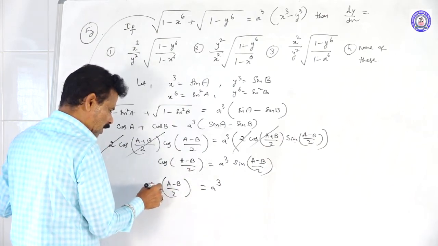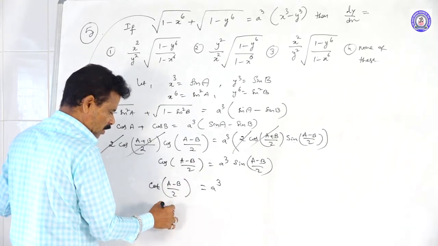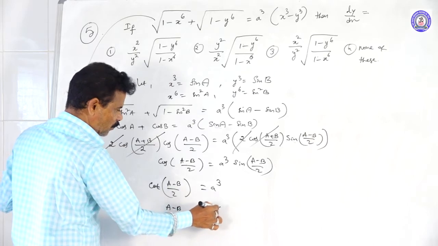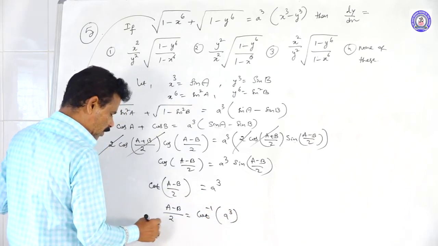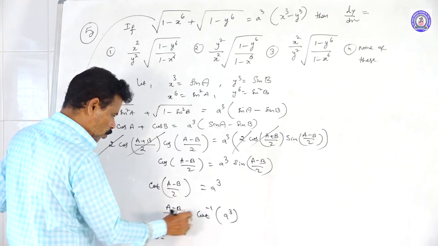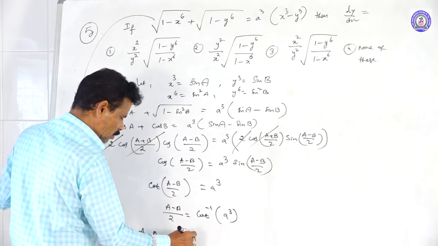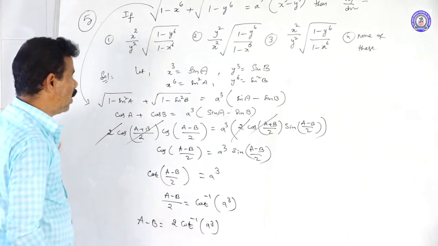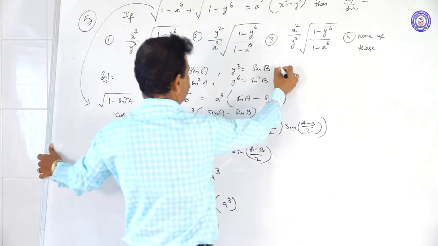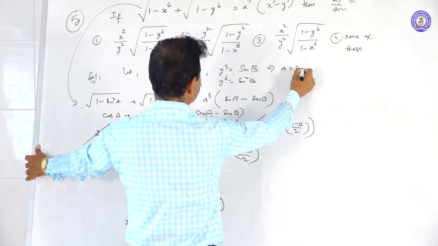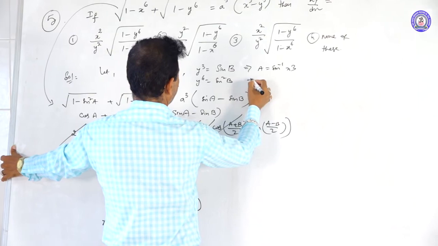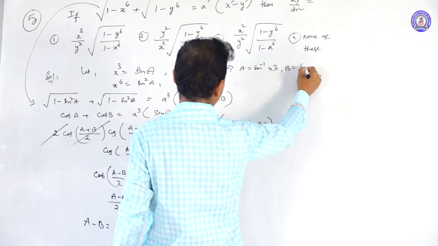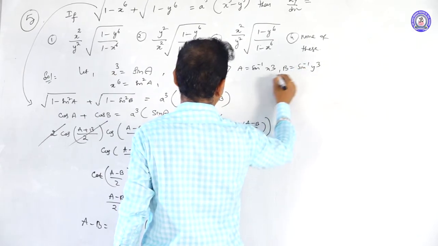Next, taking this cot term outside, it becomes inverse. A minus b by 2 is equal to cot inverse of a cube. After this, a minus b is equal to 2 into cot inverse of a cube. So a minus b, what? A is equal to sin inverse of x cube, and b is equal to sin inverse of y cube.